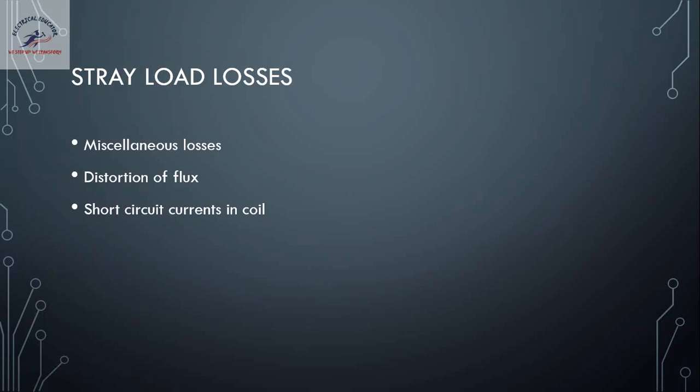There will be many conductors present, lap or wave wound, and several conductors will be in a single slot of the armature. There, if the insulation of the conductor has failed, and simultaneously if there are two conductors which have failed insulation, then the current will not follow the expected path.